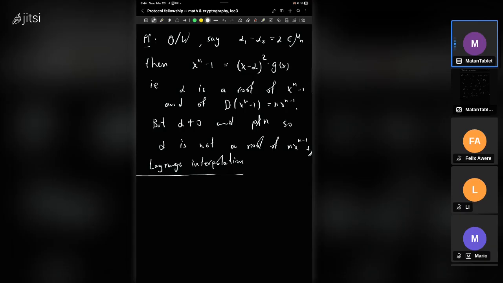Here it is instructive, I think, to go back to Euclid.